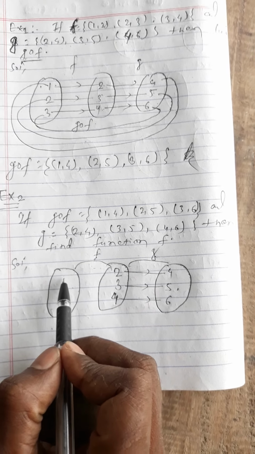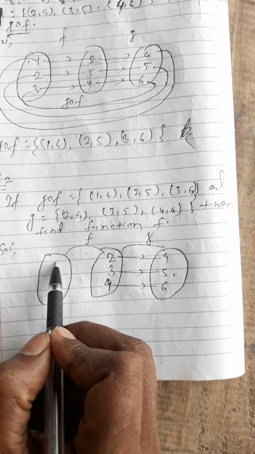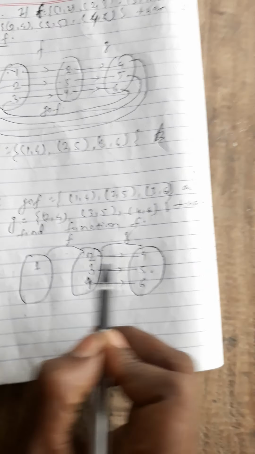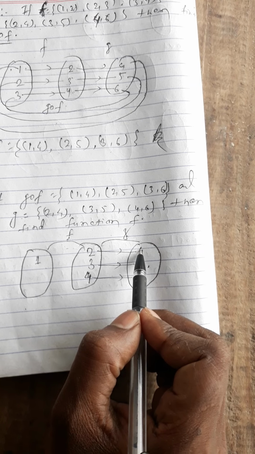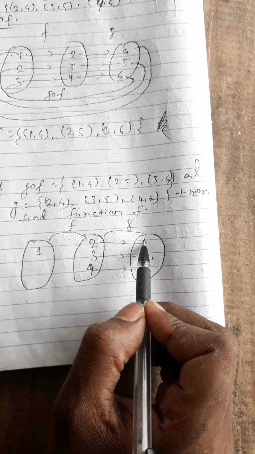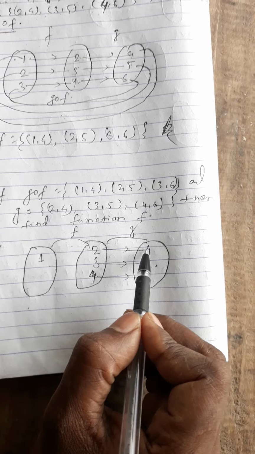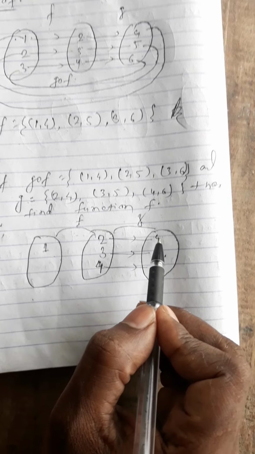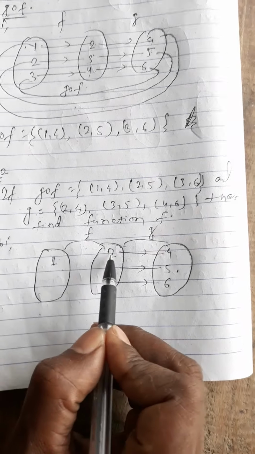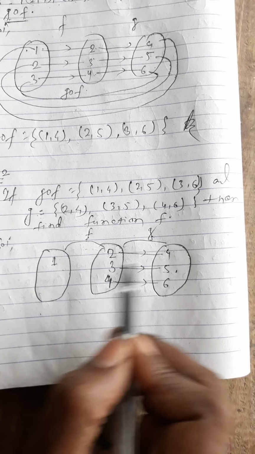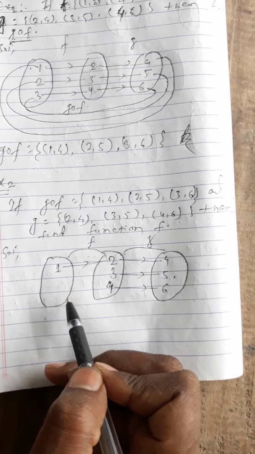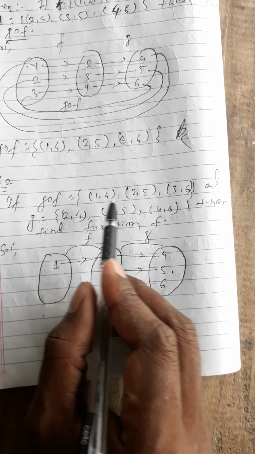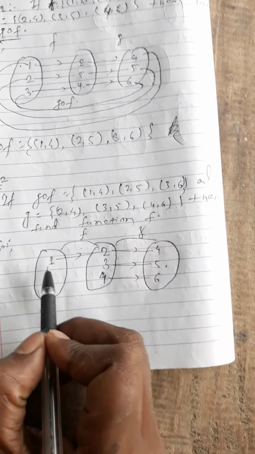It means here must be the element 1, and 1 should be mapping to 4, and for mapping to 4 you have to go through this 2, because 2 is mapping to 4. That's why 1 should be mapping to 2.